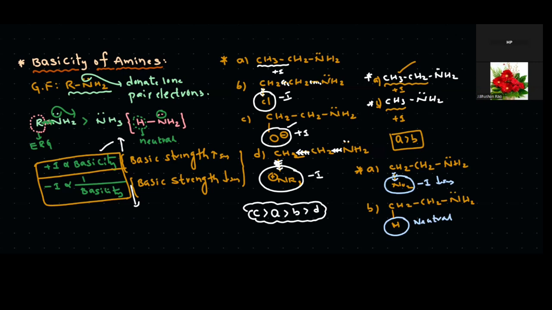So by this method, B, the neutral compound, is more basic than compound A. This is the basicity of amines if plus and minus I groups are attached to the given amines.